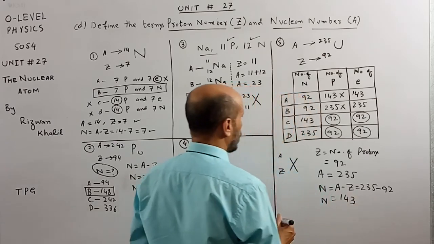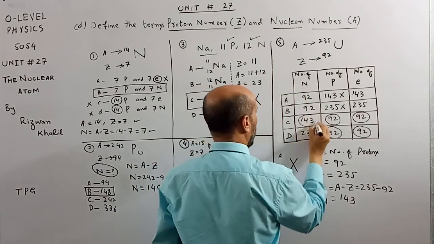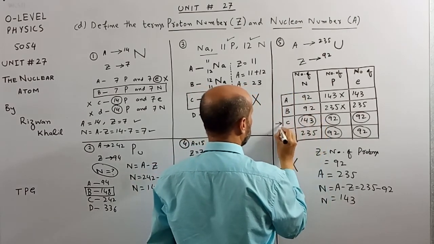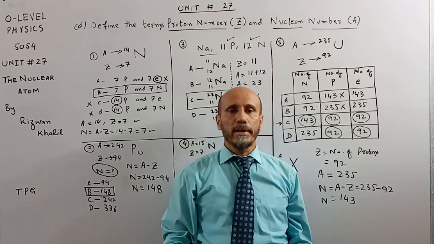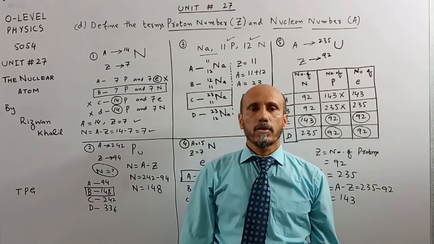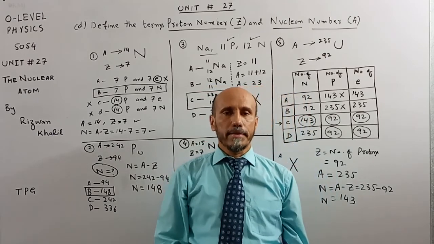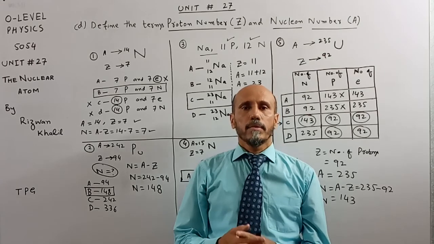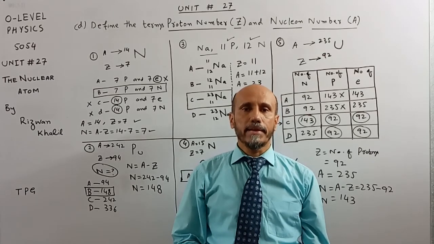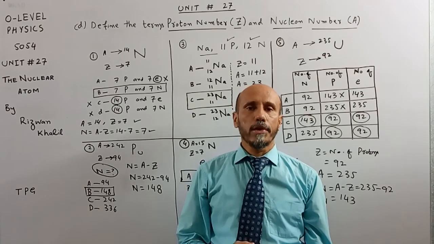Which option is the correct option? Option C. I hope that now you have understood the concept of the learning outcome, that is nuclear notation, proton number and nucleon number.